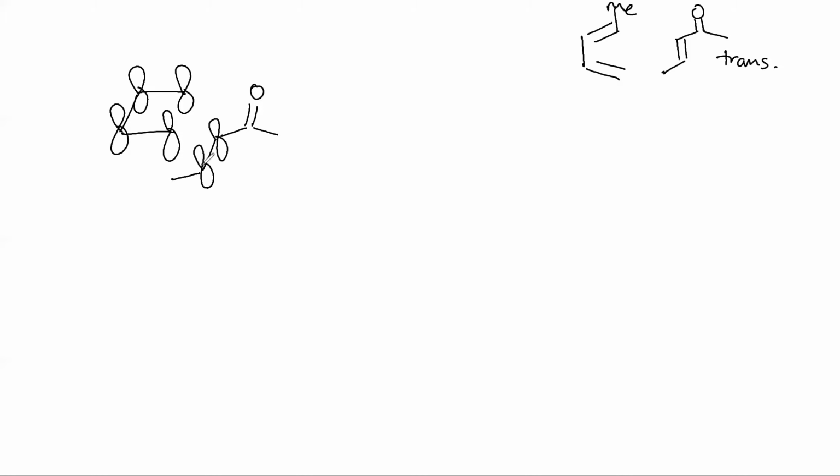We can draw one in which, I'll just color the orbitals here. We can draw this one, or there's another one. Let's draw this over here. This one's a little bit more crowded, but let's see if we can get it to look good.